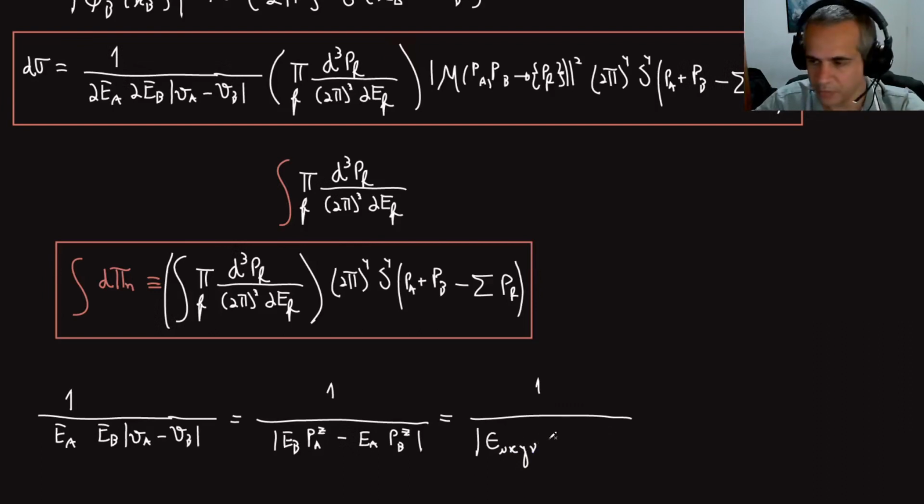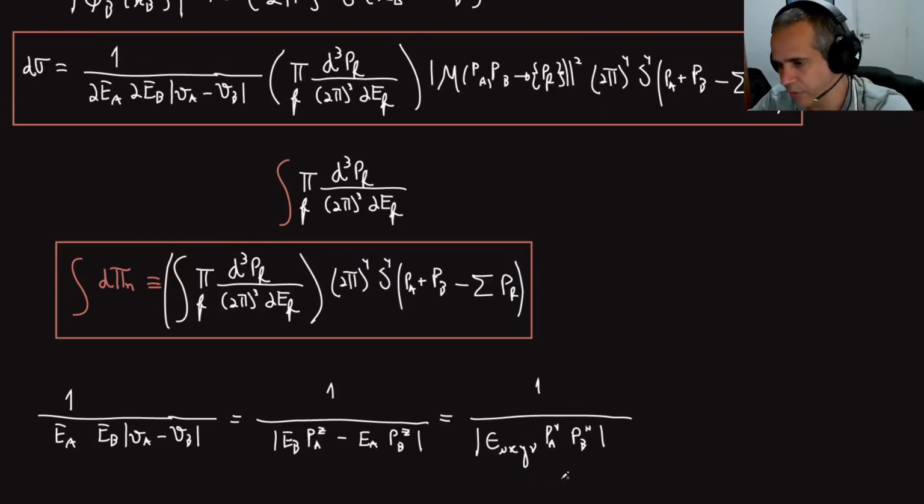Then ν, pA^ν, pB^μ. This could be just 1, 2, but I'm summing over the other indexes. I prefer to indicate x and y, but if you prefer, it could be just 1 and 2.